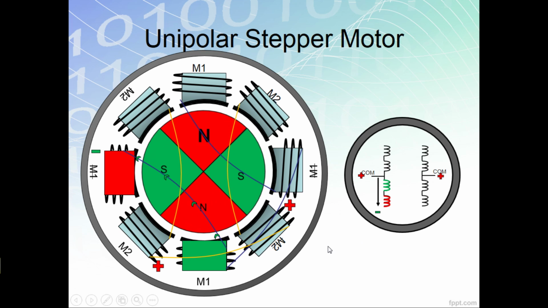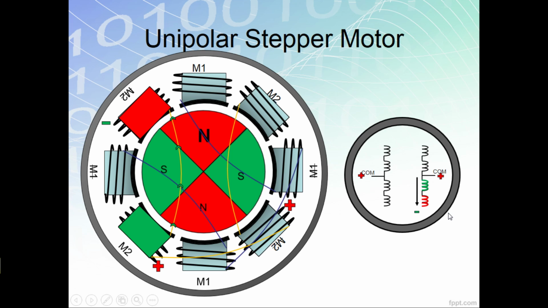Okay. After that, if I change the coil such that I place a negative terminal here, the current will be flowing in this direction. And the coil or the poles will be energized accordingly. Notice that similar to phase 1, in phase 2 only the bottom part is energized.